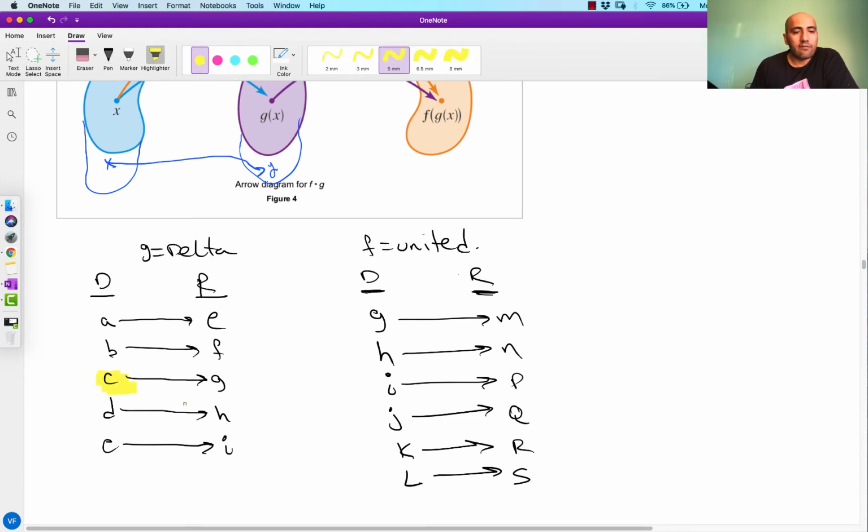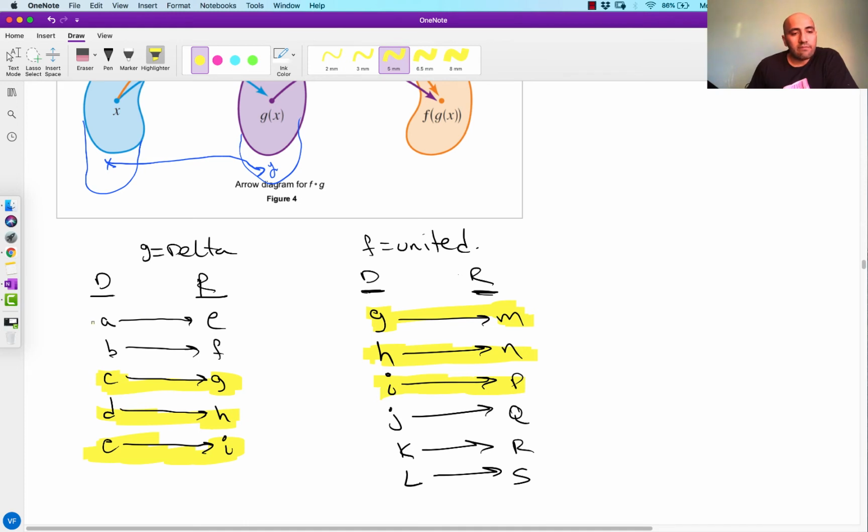Starting off in C, that will lead me to G, and then from G, I go to M. And then D leads to H, and H leads to N, and then E leads to I, and I leads to P, and that's it.